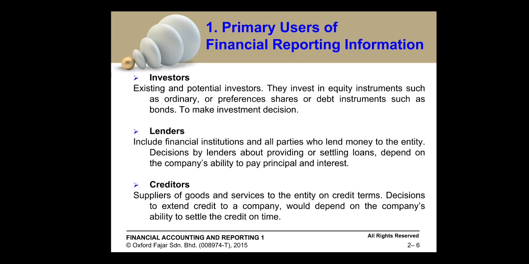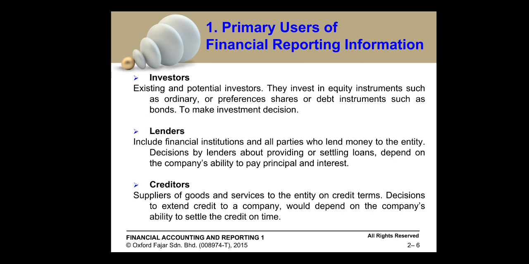The management of the business uses the financial information to make business decisions. The management will see the income statement, the balance sheet of the business, and the statement of cash flow, etc. for the purpose of making business decisions.